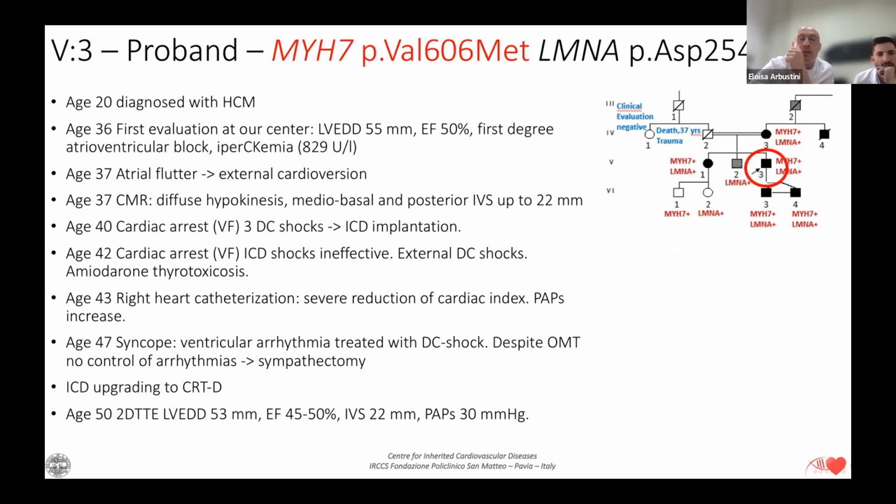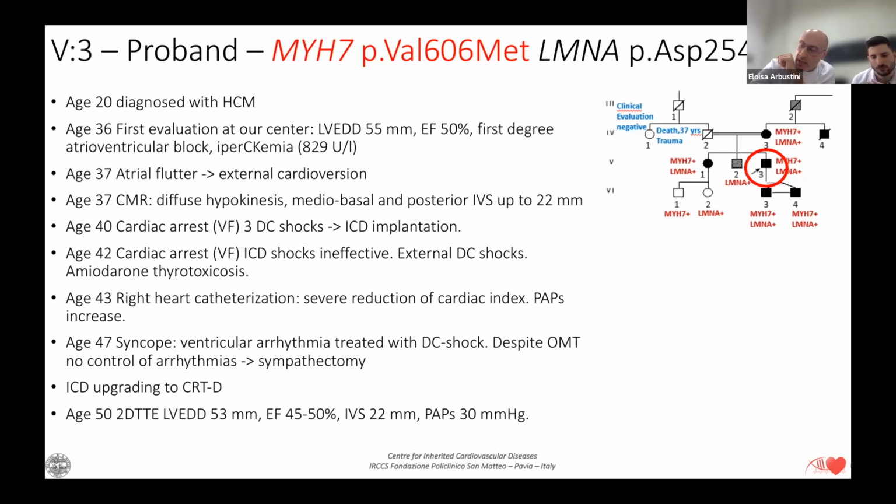He was diagnosed with hypertrophic cardiomyopathy at the age of 20, and was first evaluated at our center at 36 years. He presented with a non-obstructive hypertrophic cardiomyopathy with a dilative and dysfunctional evolution, a first-degree atrioventricular block at the basal ECG, and hyperCKemia.